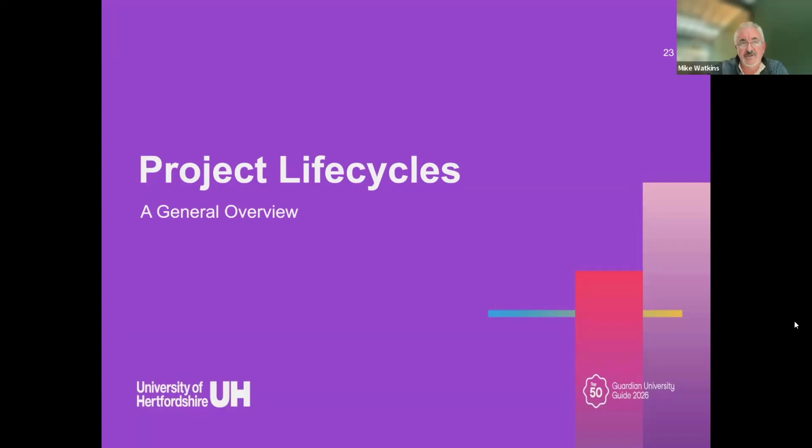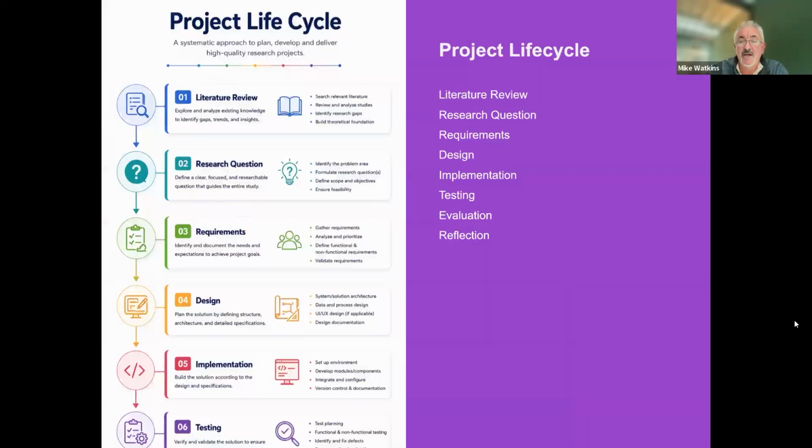Let's change the tone a little bit and talk about project life cycles. I've given you an example of a basic project life cycle, but let's go to the next slide and go through this in a little more detail. Any academic project, whether it's an MSc or a BSc, really is about the literature review. What questions would be useful for you to know? Technical questions, academic questions, scholarly questions, what are they? Then from there, you can think about the requirements.